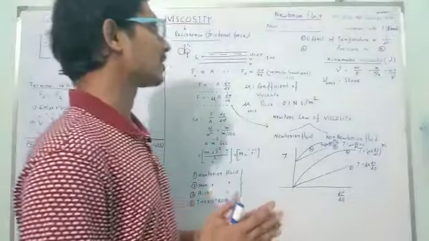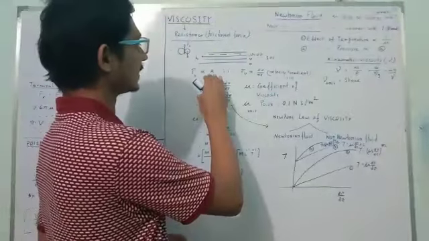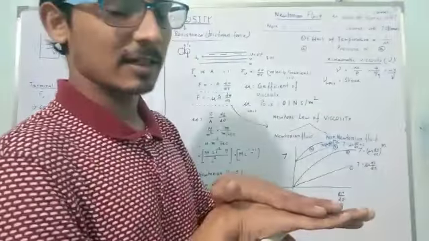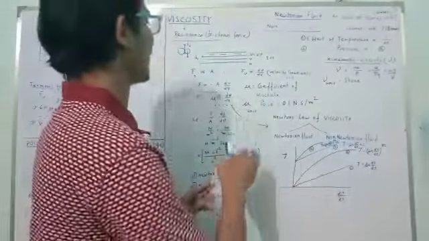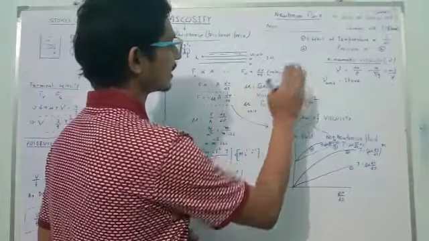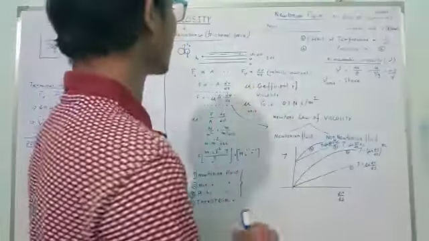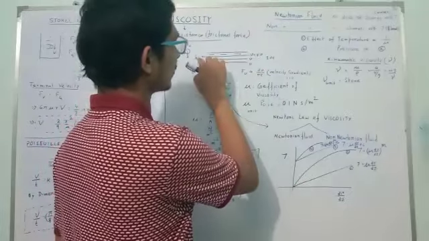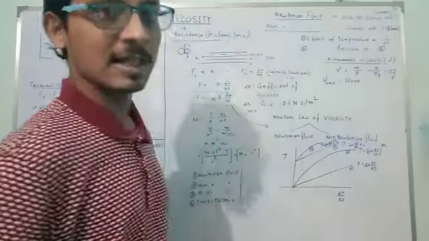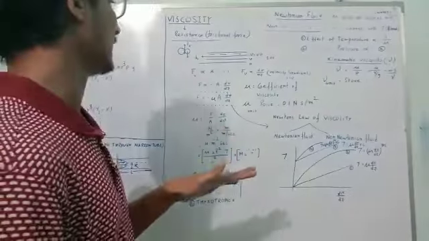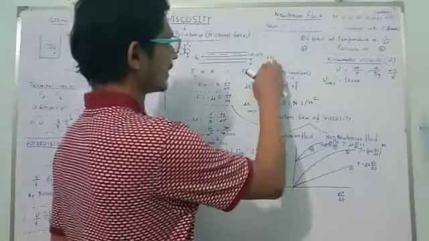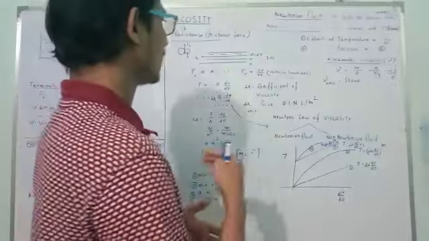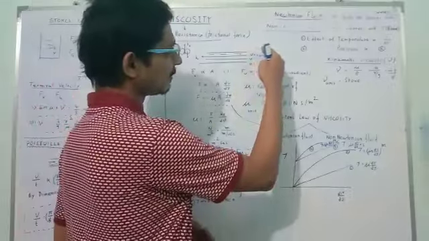Now the viscosity depends on two things. One is the area of the surface of contact and another is the velocity gradient. What is velocity gradient? Suppose a layer of liquid has a velocity v, and just over that layer, at a distance of dz, we find that the velocity changes to v plus dv.